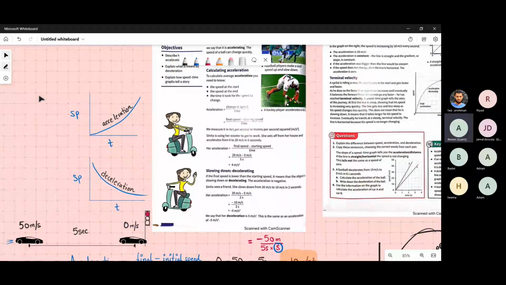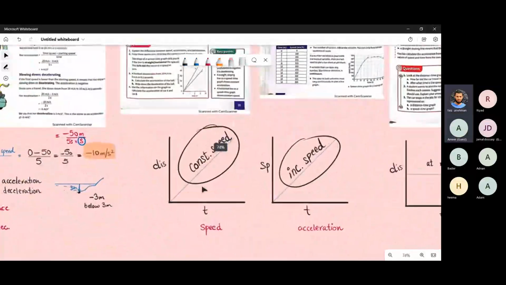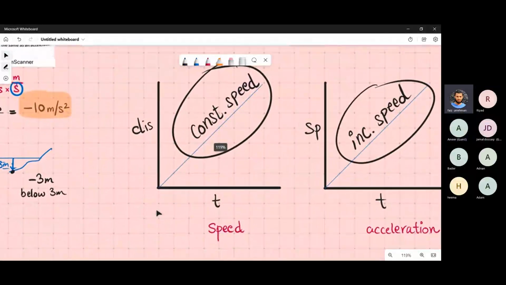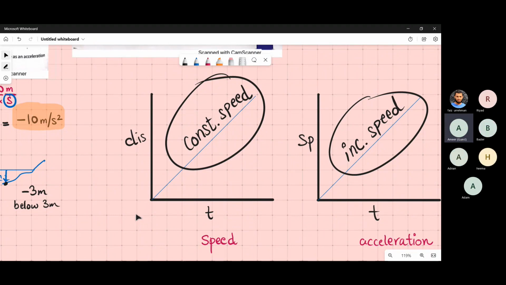The distance time graph can't show the steady speed, right? It can show steady speed. What did I show here? It can show you steady speed, constant speed, if the distance and time are moving together.